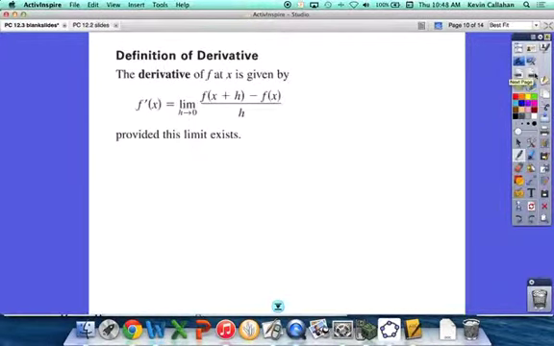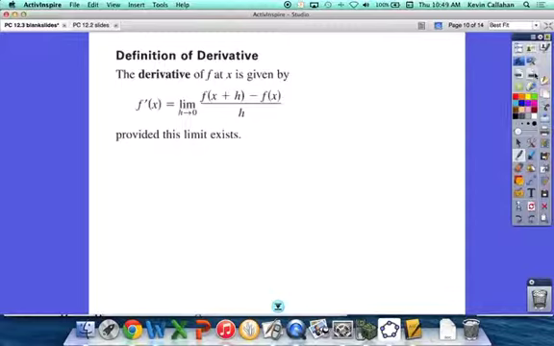It's called the derivative. And if you look at this definition for a derivative, it's exactly the definition we used for a slope before. And you spend about the first half of the first calculus class you take finding derivatives.